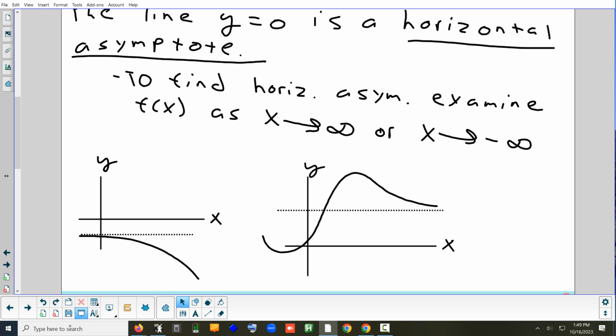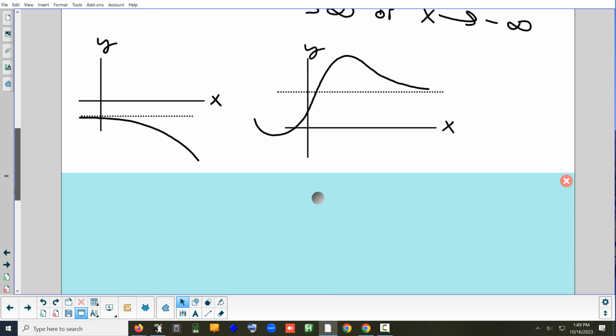The point of an asymptote is what's happening farther away. So in this one, it crosses it, comes up, but now it's going to keep getting closer and closer as you head to the right. So both different examples of asymptotes. Specifically, those are horizontal asymptotes. You can have vertical as well. But we're looking at horizontal.